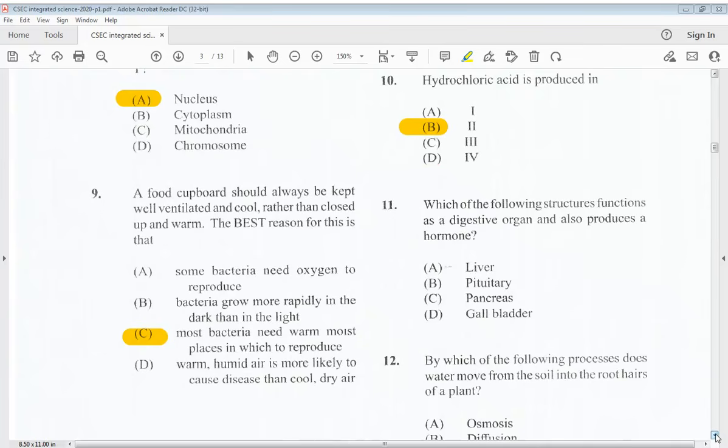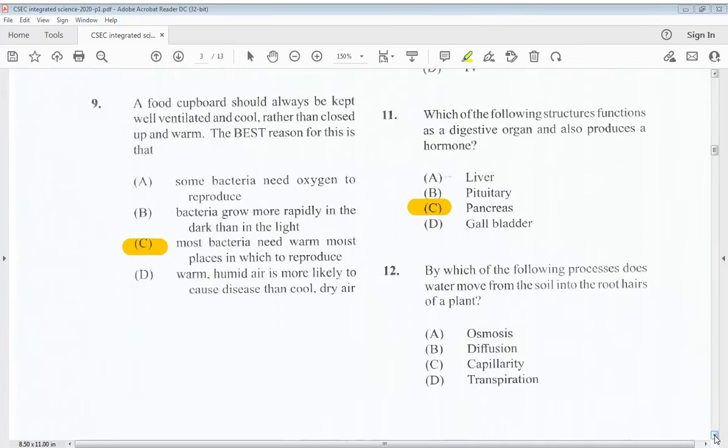Number 11. So the answer for number 11 would be C. Look at question 12.